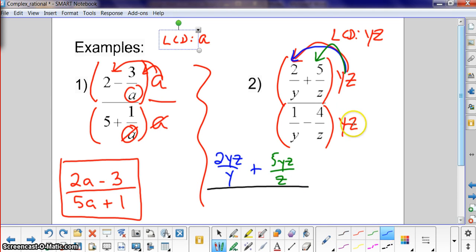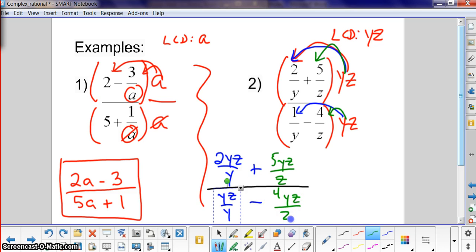Now I'm going to do the yz times 1 over y, and that's going to get me yz over y, and those y's are going to cancel out, and then minus, and then I'm going to take the yz times 4 over z, and that gets me 4yz over z, and yes, those z's are going to cancel out.